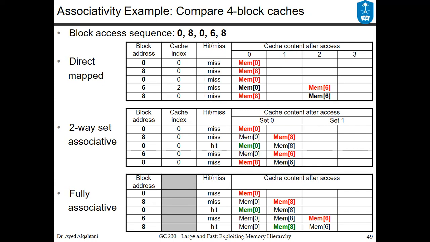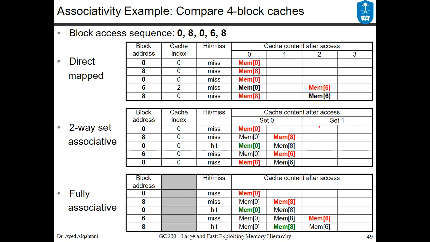Now the 2-way set associative: you first get the index, which is the set index, which means for each block address, where do you go? Set 0 or set 1? Since we have a 2-way set associative and you have 4 blocks, you will have 2 blocks for set 0 and 2 blocks for set 1.